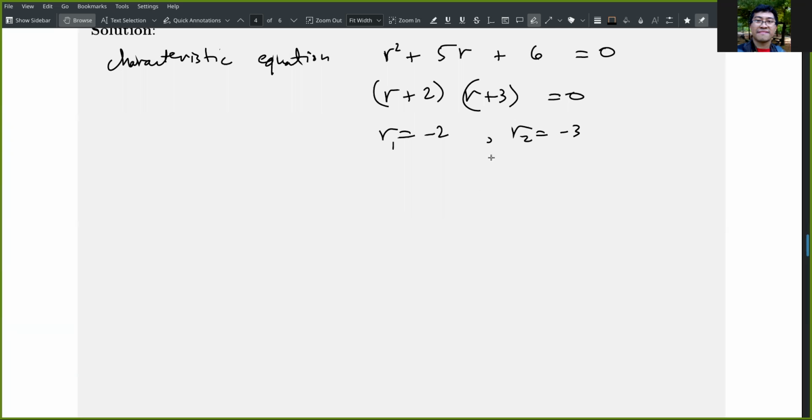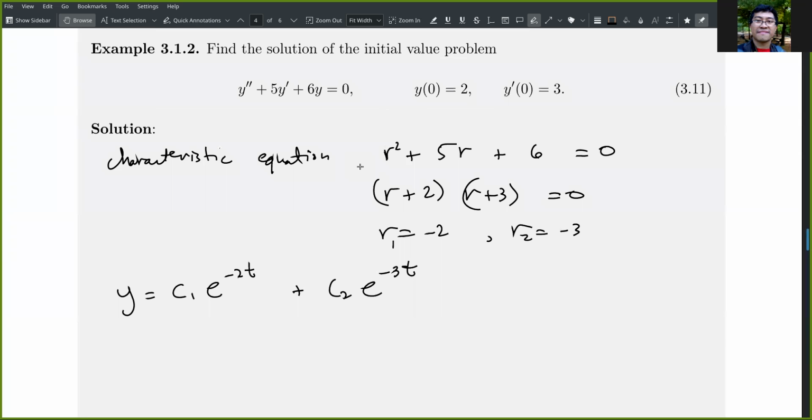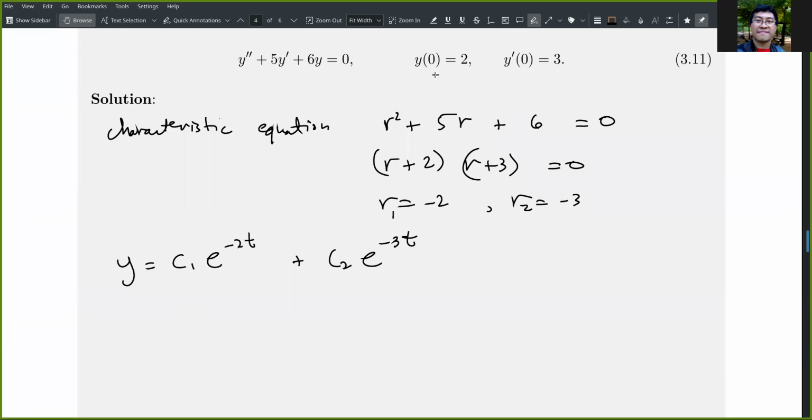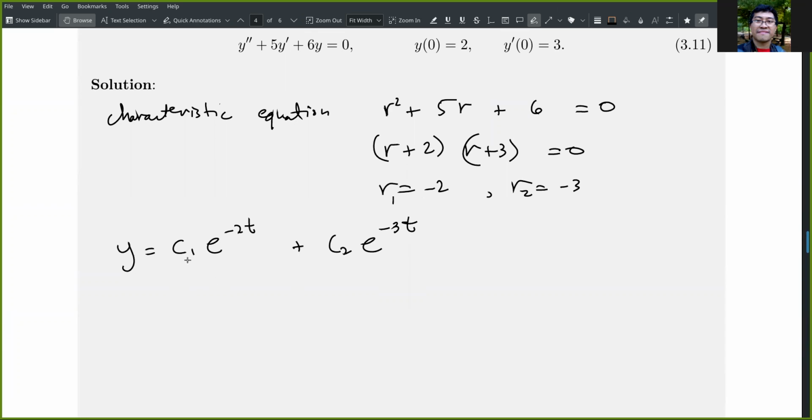So the solution would be y equals c1 e to the power of minus 2t plus c2 e to the power of minus 3t. Using our initial conditions, let's use this initial condition first.